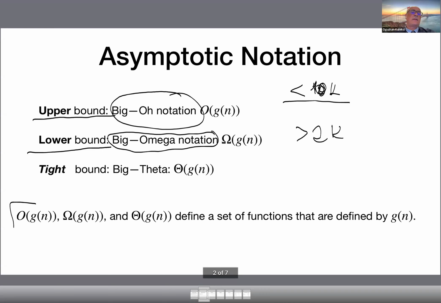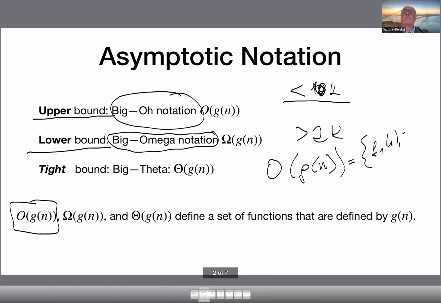So this is the big O notation, big O of a function. Big O of g(n) defines a set of functions. Let me say f1(n), f2(n), and this is an infinite set.